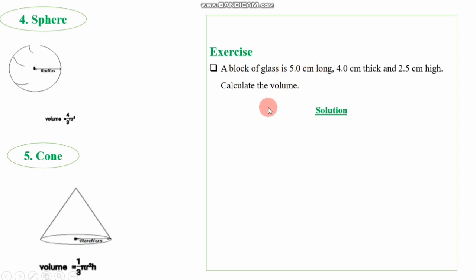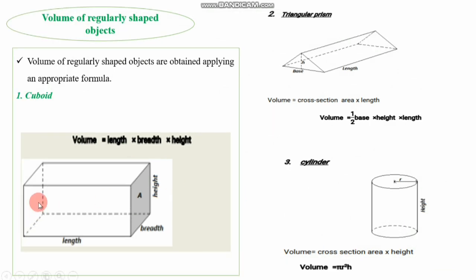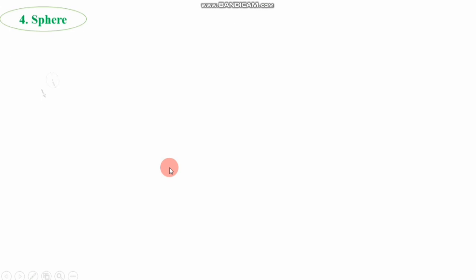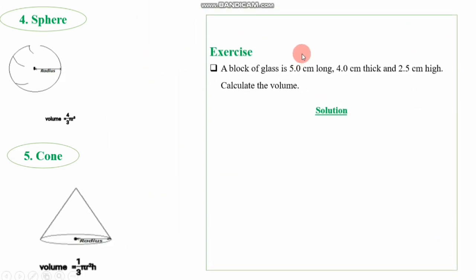From the previous notes, the volume of a cuboid is given by the length times the breadth times the height. So if we come to our question, we assume this is the length, this is the breadth, and this is the height. Multiplying these three dimensions gives you the volume of the solid.